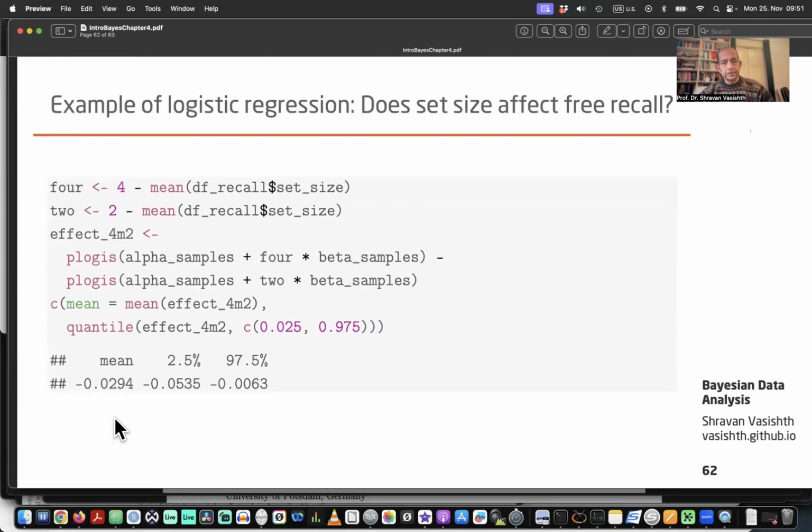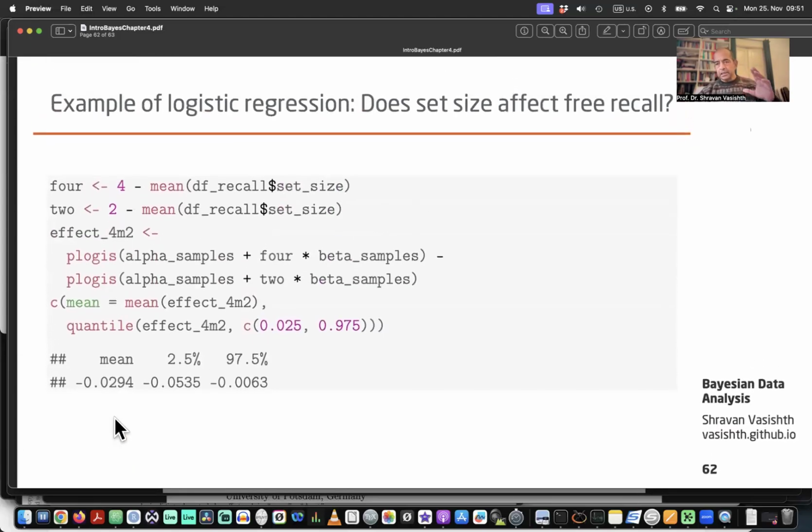So basically, the important thing to learn here is that we fit our model in log odds space, estimate the parameters in log odds space, so we obtain posteriors for those parameters, the alpha and beta in this case. And then if we want to interpret those posteriors in probability space, we just run them through the plogis function for the relevant centered set size that we're interested in, right?